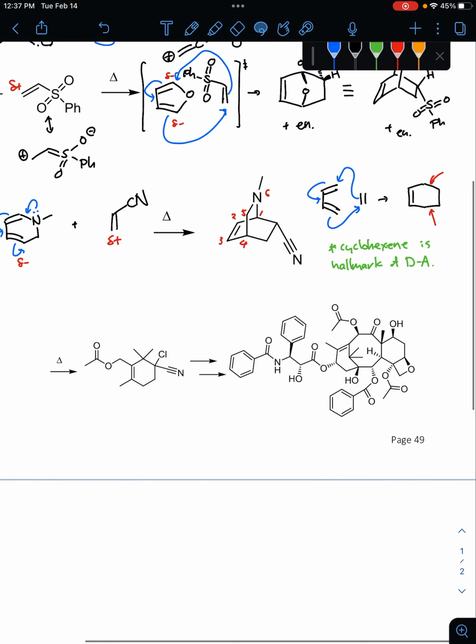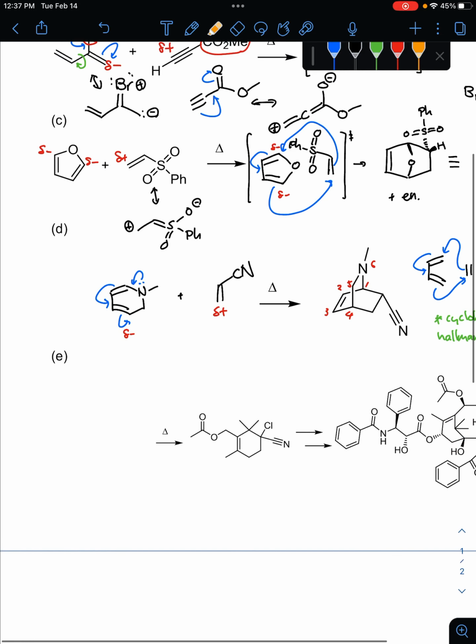And in its many-step synthesis, like 20 steps or something, en route to this complex molecule, they actually used a Diels-Alder reaction where this was the intermediate, and hopefully you can find that same cyclohexene embedded in this Taxol molecule. So the question here is, what starting materials do you need to make this cyclohexene intermediate?